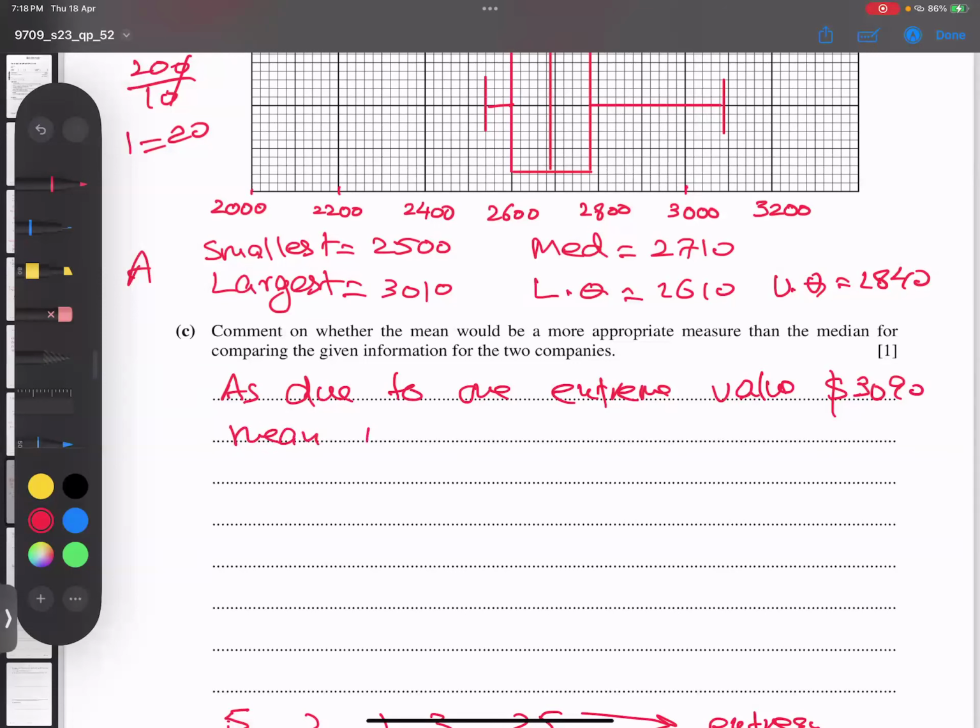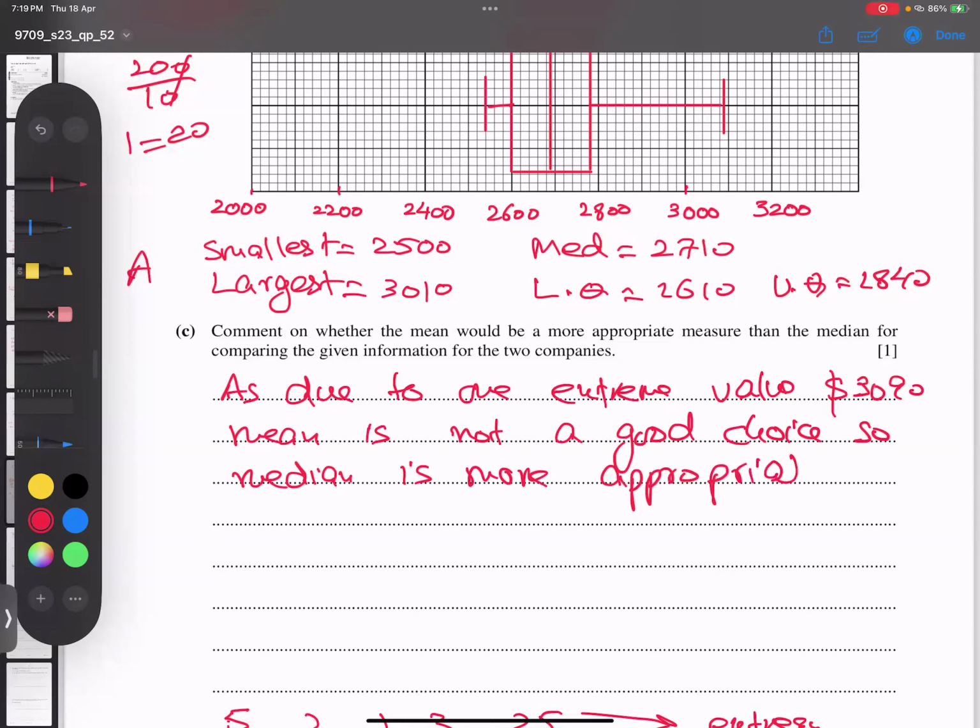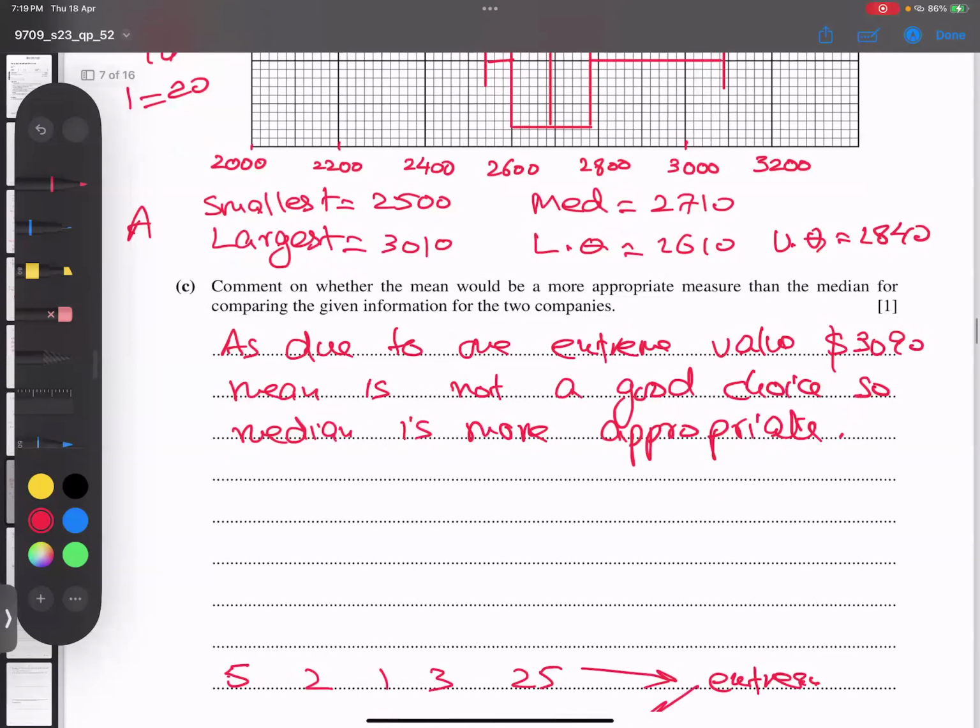The mean is not a good choice. So the median is a good choice. It is more appropriate, we can say that. I hope the concept is clear.